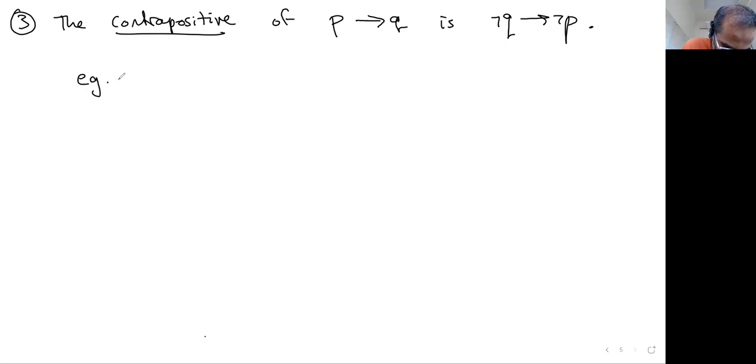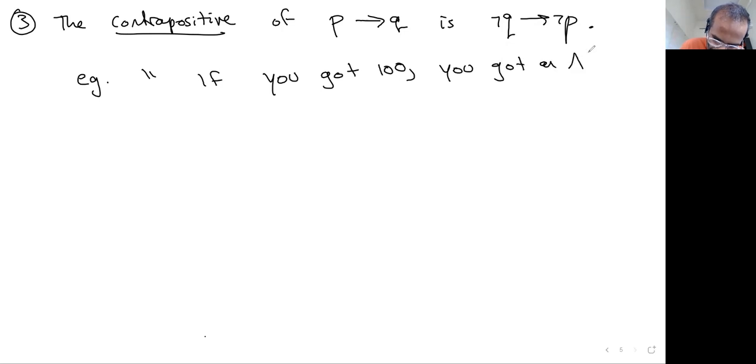For example, in the context of the previous example, here's one statement: if you got 100, you got an A. What's the contrapositive of this?